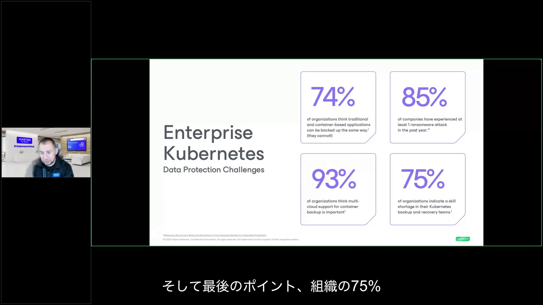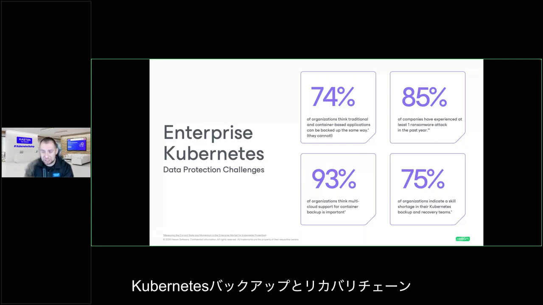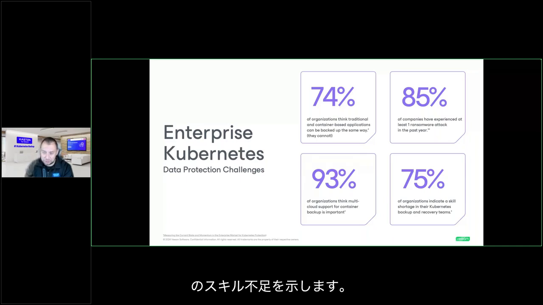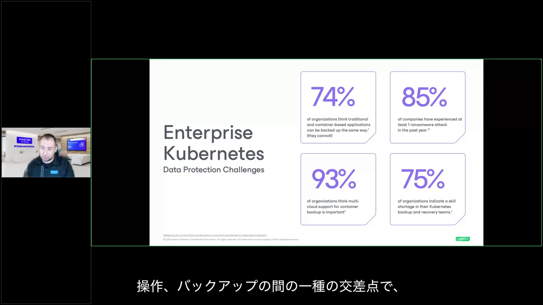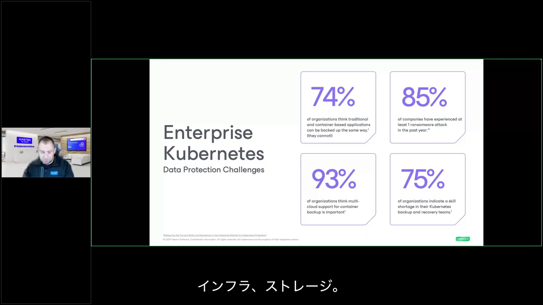And the last point, 75% of organizations indicate a skills shortage in their Kubernetes backup and recovery chain. This is one of the very difficult topics we have right now. When we talk about Kasten, we are at a kind of crossroad between operations, backup, infrastructure, storage, and DevOps teams.